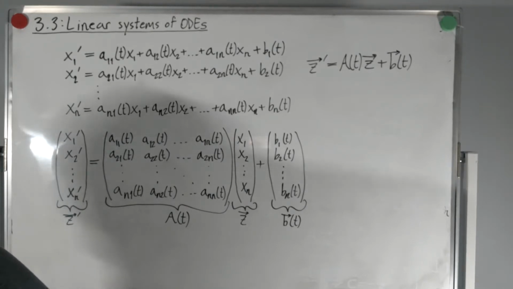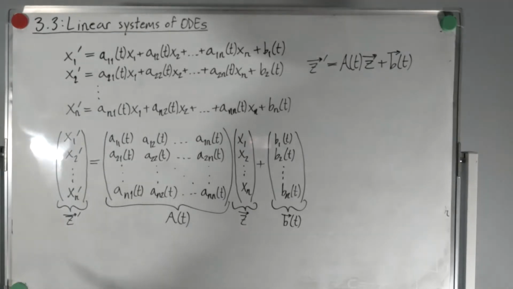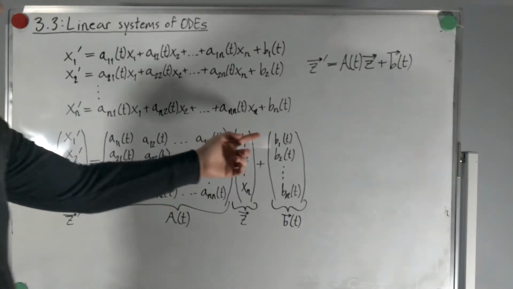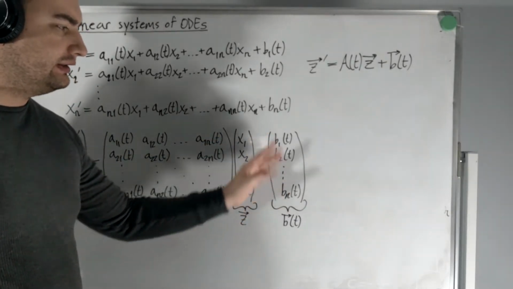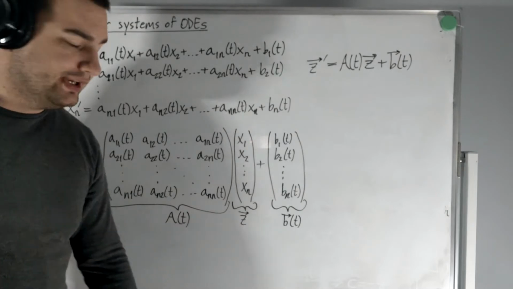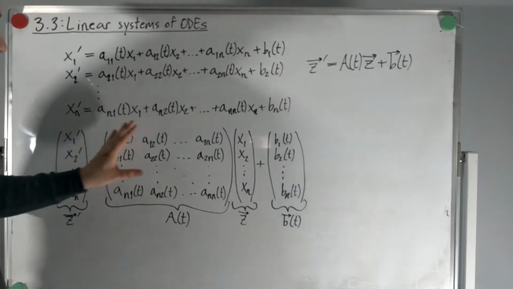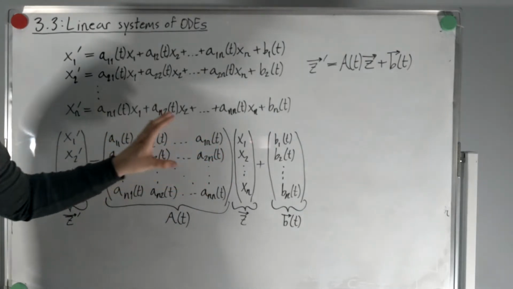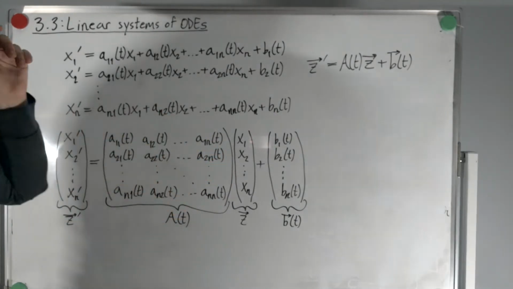So we're mainly going to focus in this class on first order linear homogeneous systems of ODEs with constant coefficients. That means that this b vector is the zero vector, and this matrix here does not depend on t, so it's just a matrix of constants.